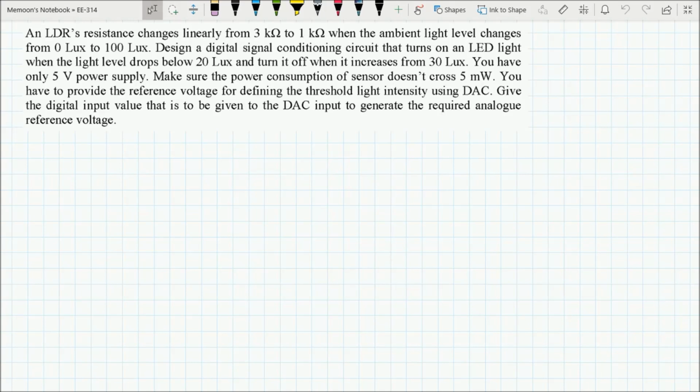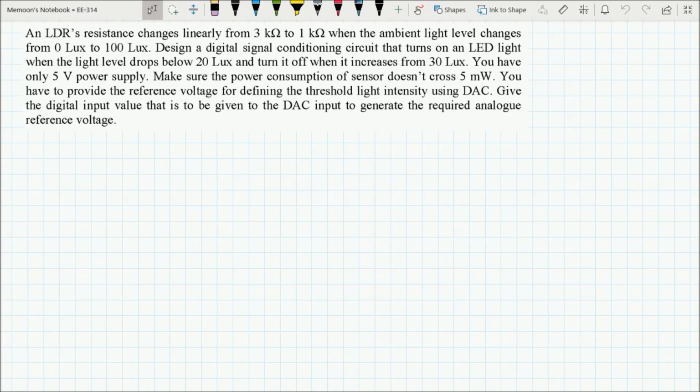We have to design a signal conditioning circuit that turns on an alarm system or an LED light when the light level drops below 20 lux, and turn it off when it increases from 30 lux. So you are turning it off at 20 lux and you are turning it back on after 30 lux.